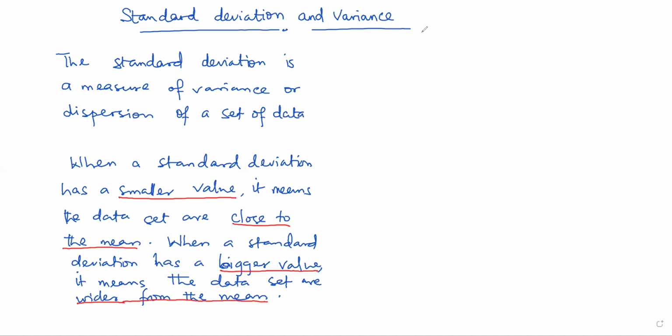So for raw data, the standard deviation formula is the square root of summation of x squared over n minus the mean squared. This is for raw data.